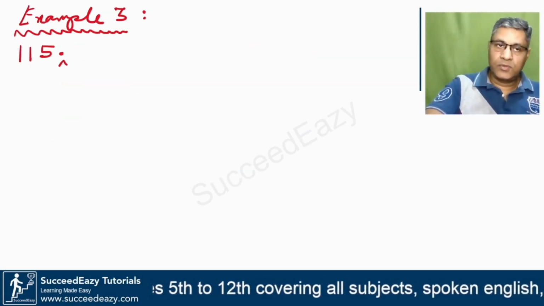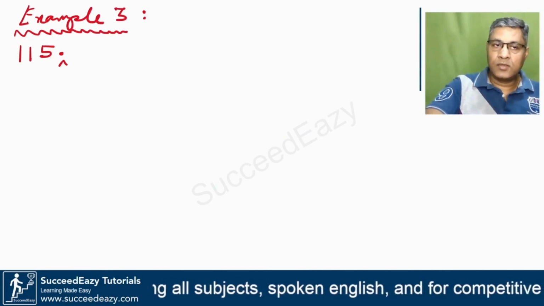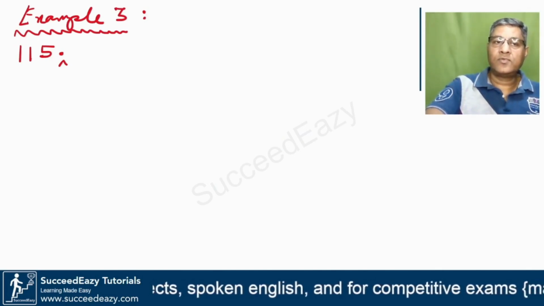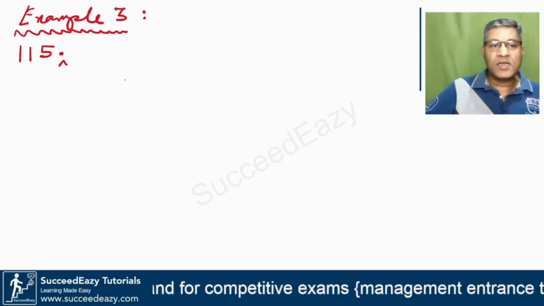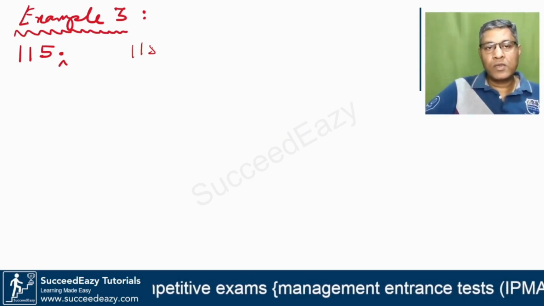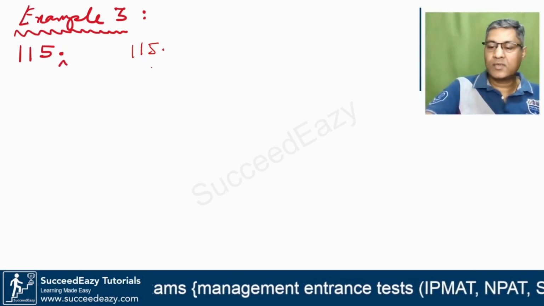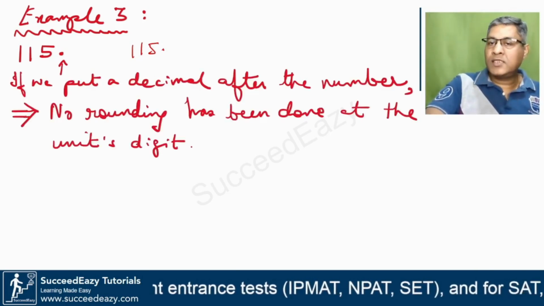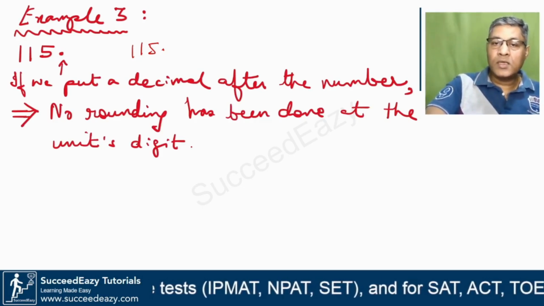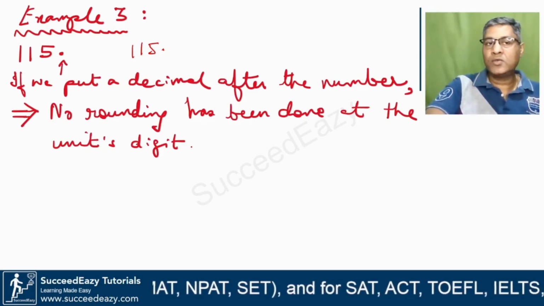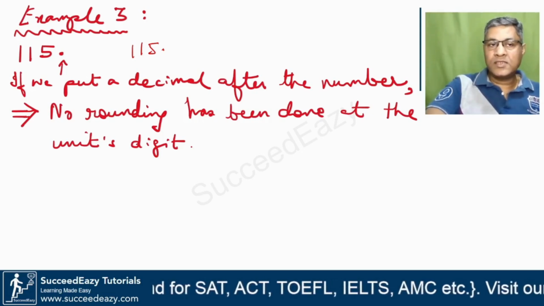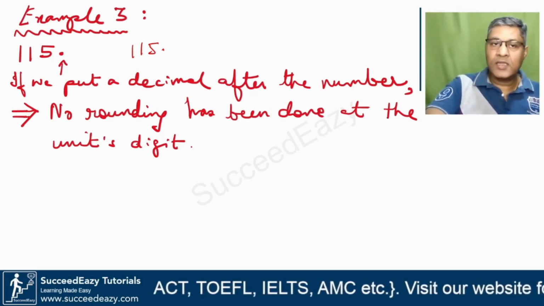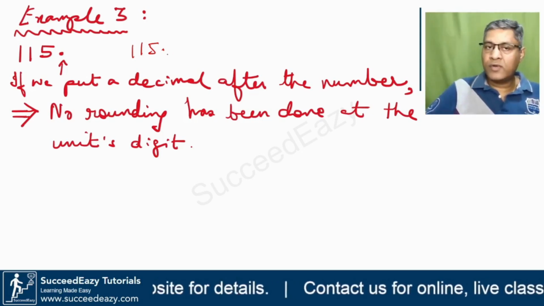Let's take another example. This has a decimal, 115 point, right? This is a decimal. I've just highlighted this, otherwise it is just 115 and then a point. So if we put a decimal after the number, that means no rounding has been done at the units digit. So this is the significance of the decimal that you see after whatever digits are there.